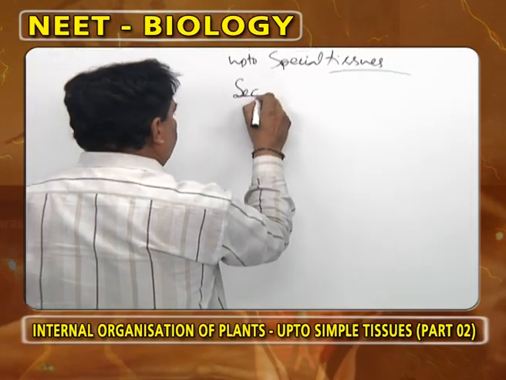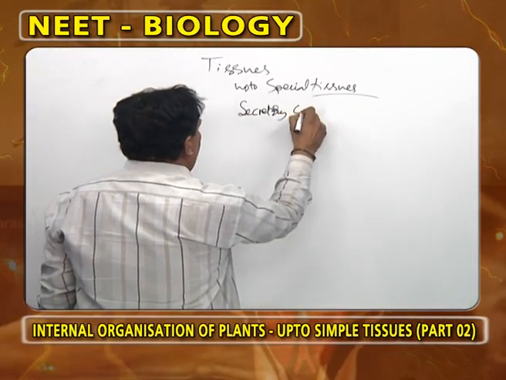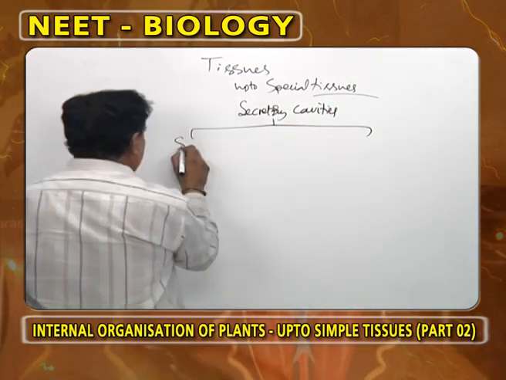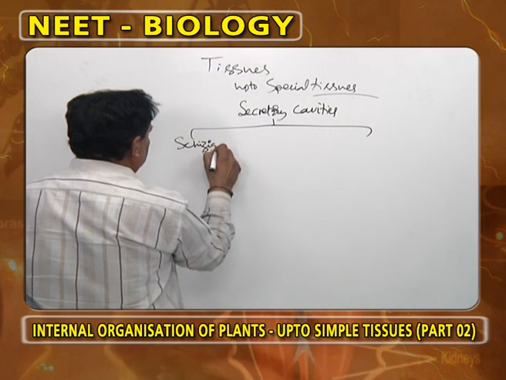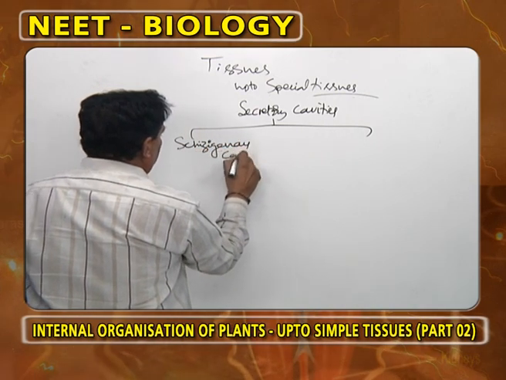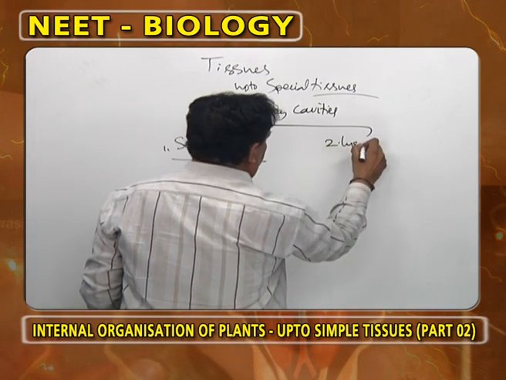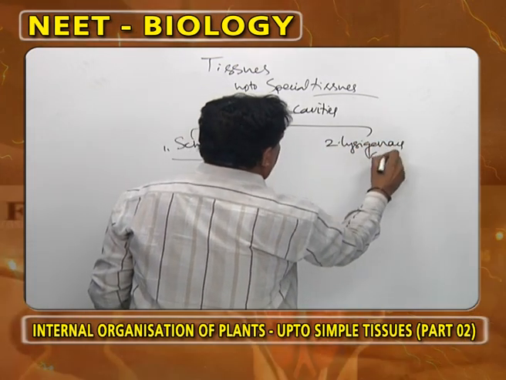So secretory cavities are of two types: schizogenous cavities and lysogenous cavities.